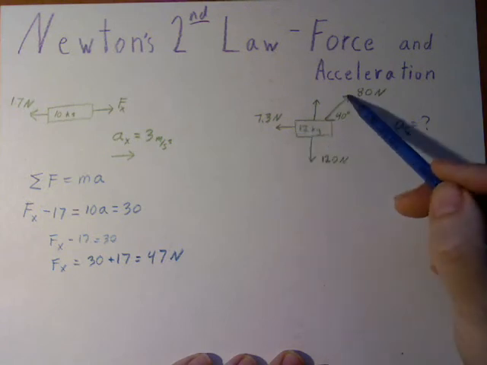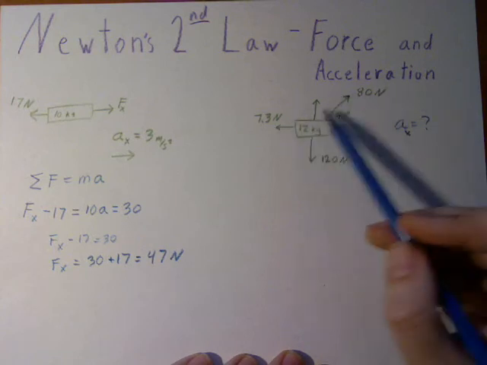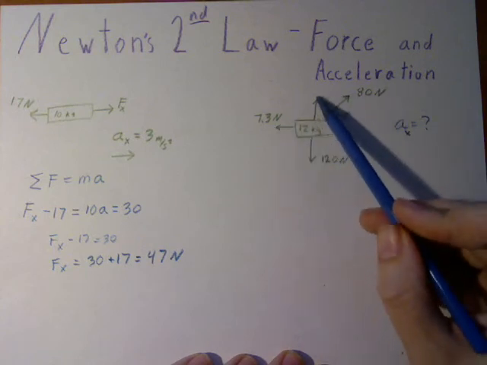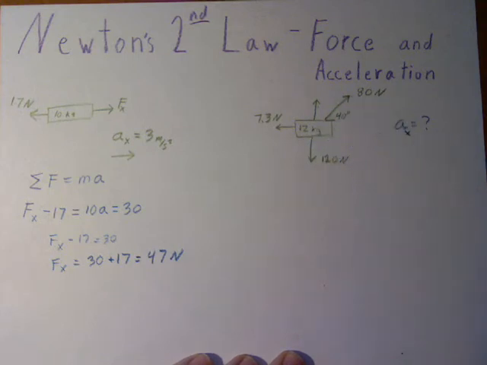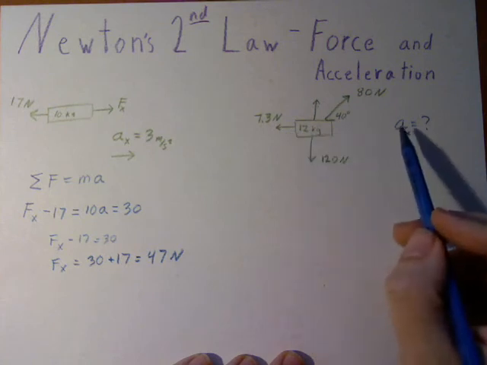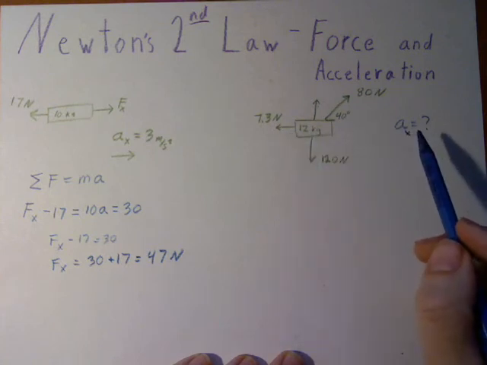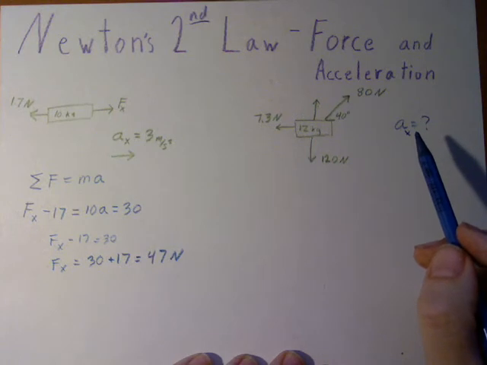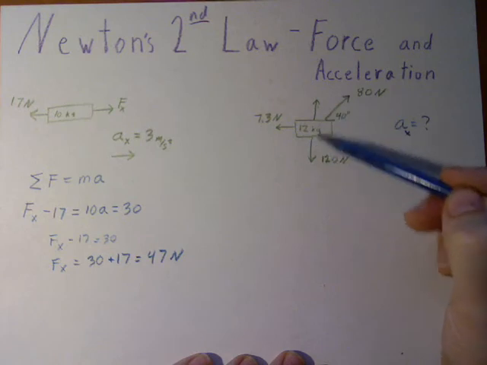There is a horizontal pulling force, a frictional force, a normal force pushing up, and gravity pulling down. Because we are only interested in the horizontal acceleration, and we have previously identified that the acceleration is all horizontal, then we do not need to worry about what the vertical forces are.